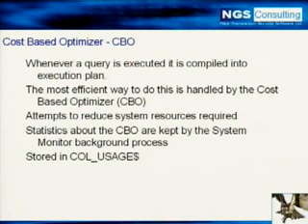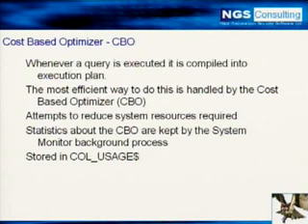So, what is the cost-based optimizer? Whenever anybody executes a query in Oracle, that obviously has to be compiled into a query tree, an execution plan, in other words. Now, the most efficient way of doing that is selected by the CBO, the cost-based optimizer, and it does so with the intention of reducing pressure on system resources.